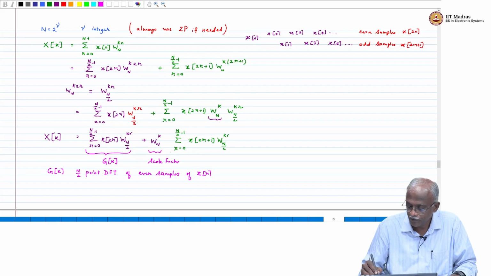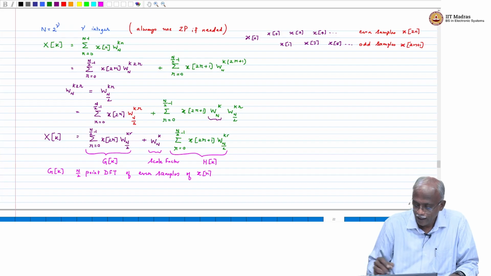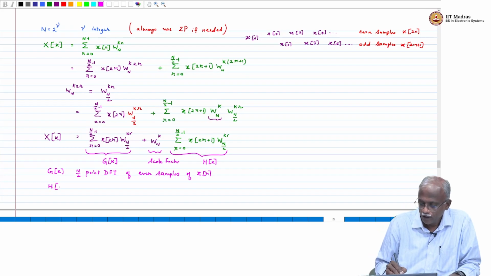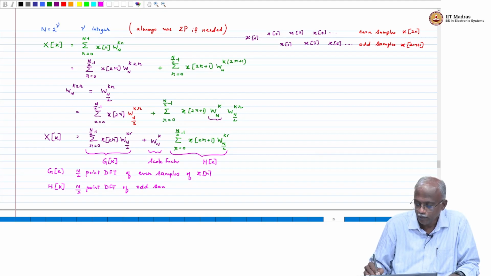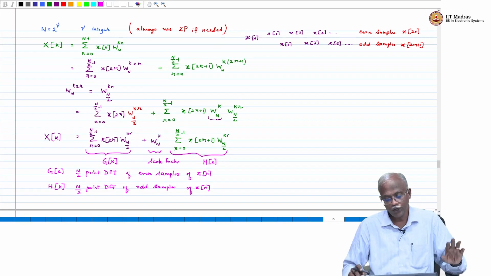And then we have another N/2 point DFT which we will call H[k]. H[k] is an N/2 point DFT of the odd samples of x[n]. Okay, so what did we do?